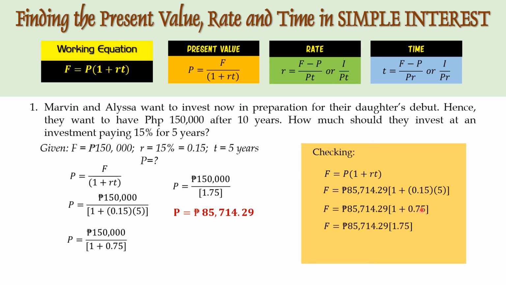Ayan, and then add the 2. And then multiply 1.75 to the principal amount na nakuha natin kanina. Okay, upon multiplication, it will yield the result which is equal to 150,000 and 0.075 cents. Okay. And then kapag ni-round off natin yan into whole number, they are just the same on the future value na sa given natin. So, tama ang sagot natin. Okay, next.